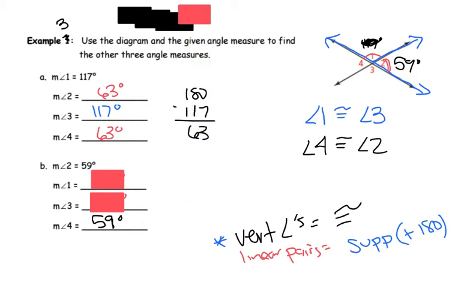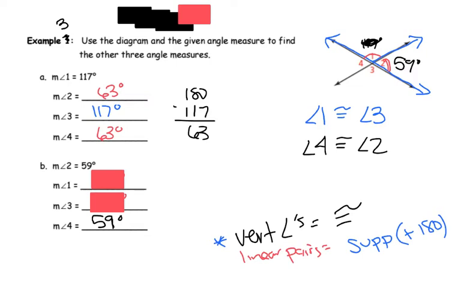Now, to find a linear pair, notice I could use the exact same example I used for the previous one. These two, angle 1 and angle 2, line up adjacent to each other on a straight line, so they are supplementary, which means they add up to 180.